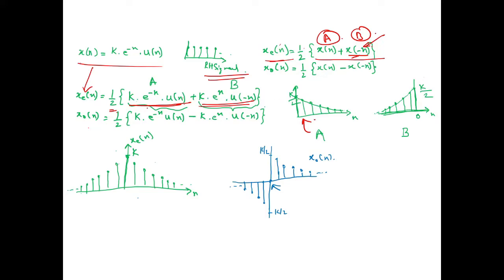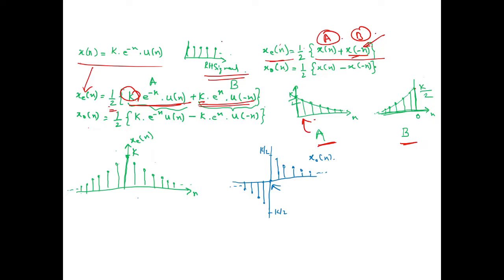So your amplitude would be k by 2, and then it is a decaying function in the positive half. Similarly, k by 2 would be the maximum amplitude, and it is an exponentially growing signal in the negative time domain, so it is increasing. So we are having a and b.